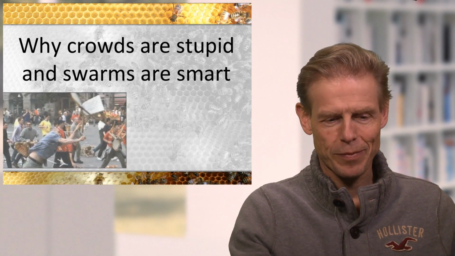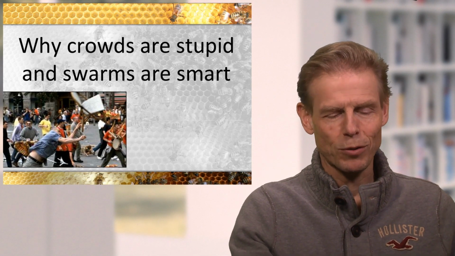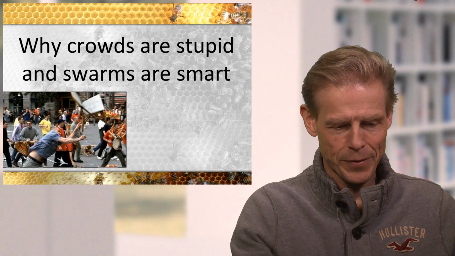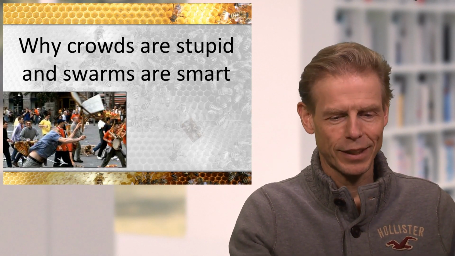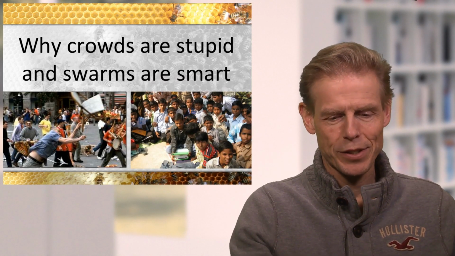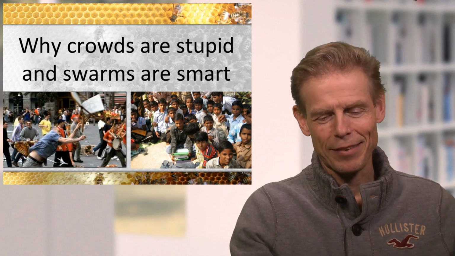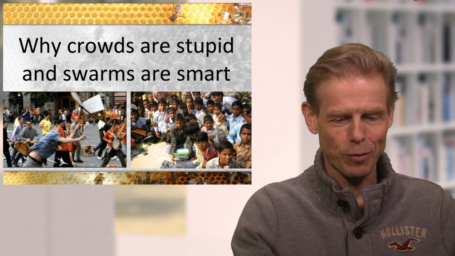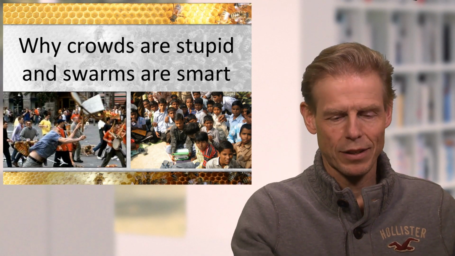And crowds, that can be people like the ones here, which are some soccer hooligans in Europe that are doing not very intelligent things. On the other hand, this group of children here, using the one laptop per child, they are, I think everybody would agree, an intelligent swarm. So the question is, what sets crowds and swarms apart?